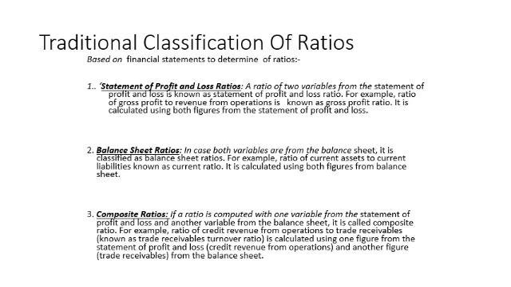For example, credit revenue from operations to trade receivables. Trade receivable is part of the balance sheet and credit revenue from operations is part of the profit and loss. So this type of relationship between the ratios is called the composite ratio.